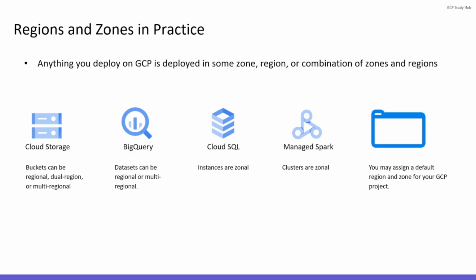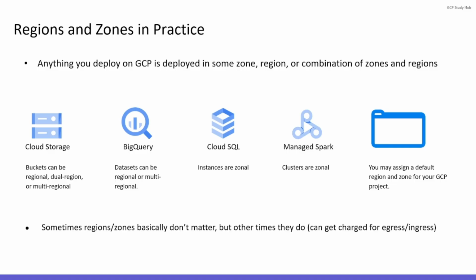These are just a few examples of how you might have to think about regions and zones as you use GCP. Regions and zones can sometimes feel like a minor detail, but there are key moments when they really matter. For example, you may face extra costs if data moves a lot between regions, or you could experience higher latency if your services are distributed too widely.